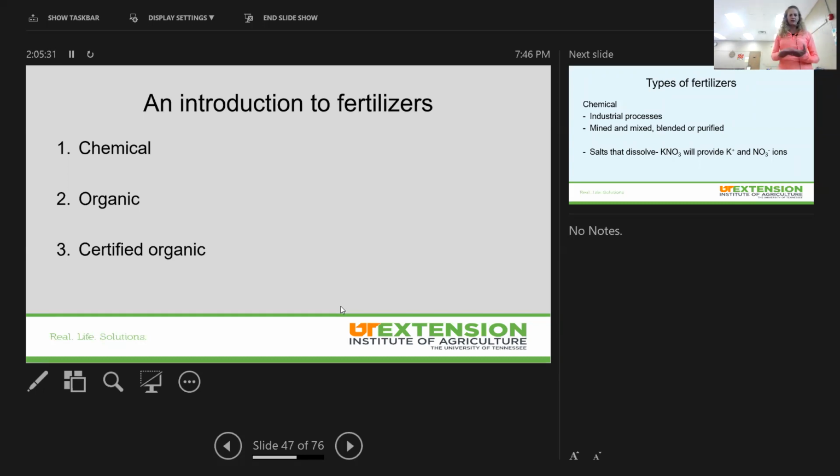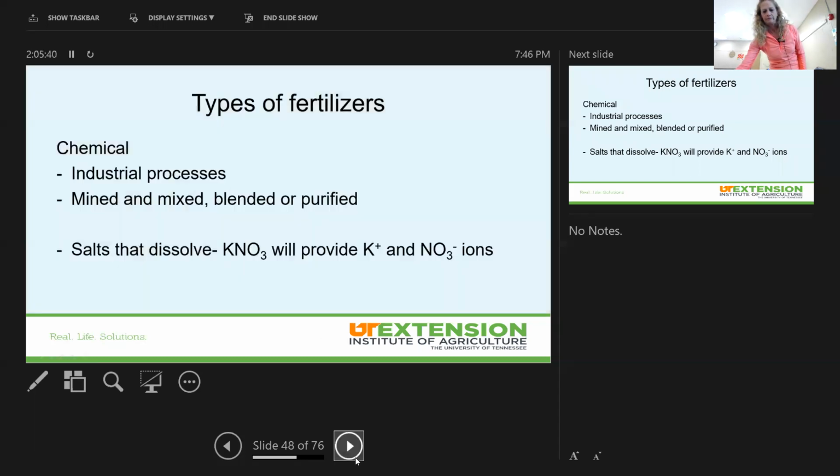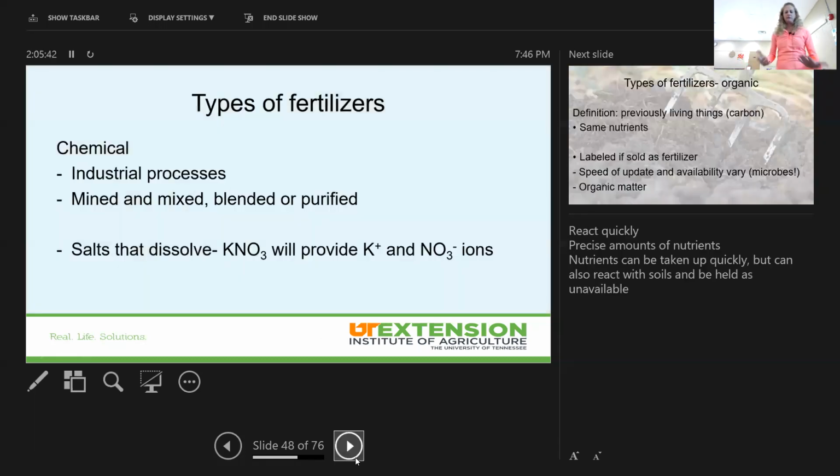Your fertilizers can be chemical, they can be organic, and some of them are certified organic. So chemical, basically it's an industrial process. They're mined, they're mixed, they're blended or purified.